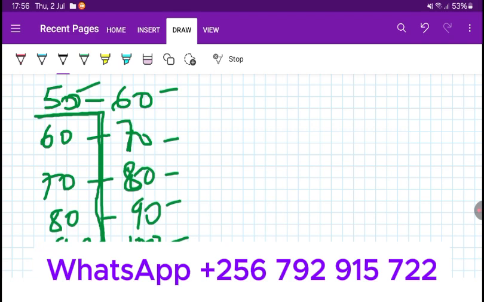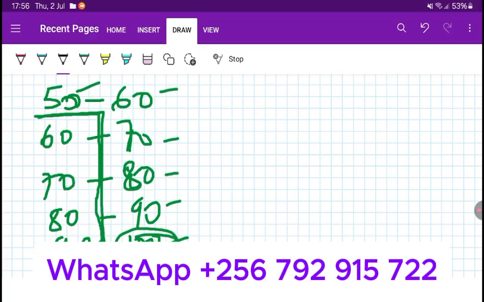The reason why we include this 100 is because this 100 in the next class is going to be the lower value. The other reason why we are taking this 100 is that we don't want to have gaps.